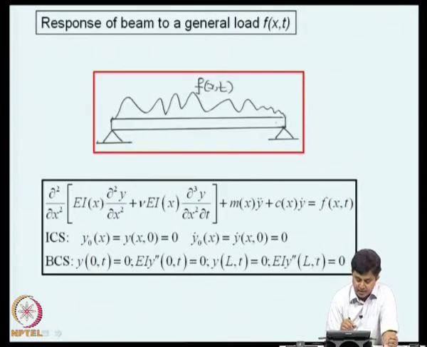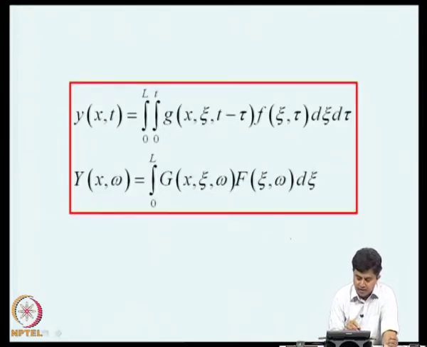We will now consider what happens if the beam carries a general load f of x comma t. So, on the right hand side I have f of x comma t, and we are assuming that system starts from rest. So, in time domain we can derive the response in terms of the Green's function as shown here, and in frequency domain we can derive the Fourier transform of the response in terms of Green's function in frequency domain.